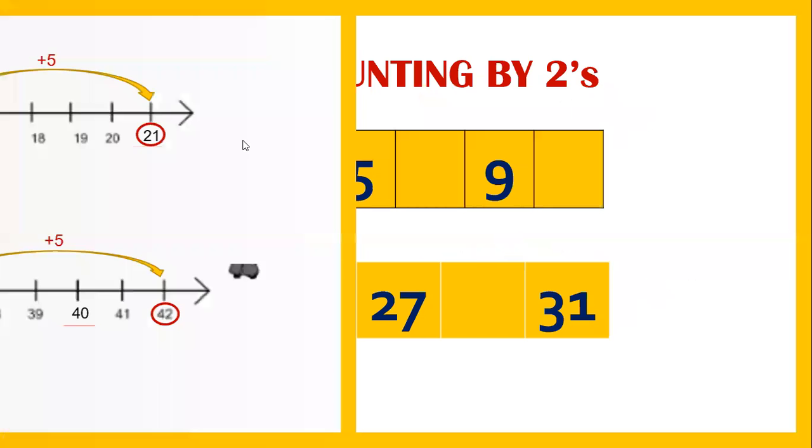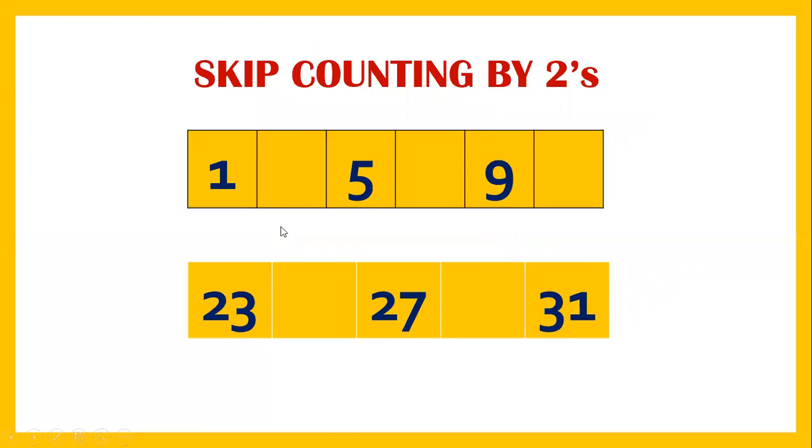Okay, now let's practice skip counting by 2. The digits are 1, blank, 5, blank, 9, blank. We need to fill up the box. What is the missing number? So skip counting by 2 from 1, we will jump to 1, 2, 3. So the missing number here is 3. Next to 5.